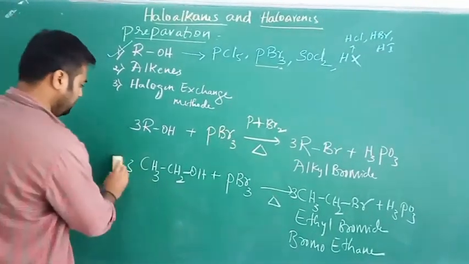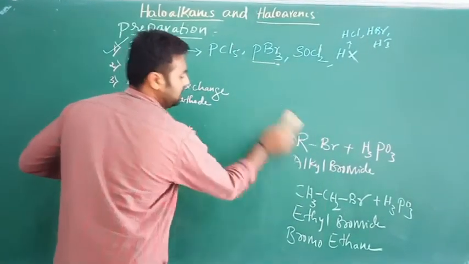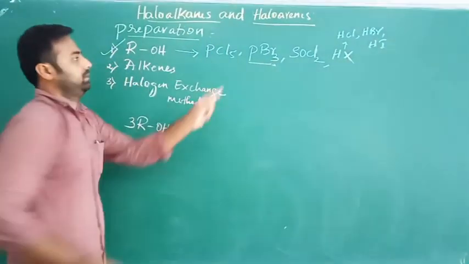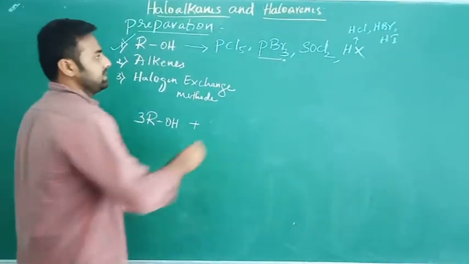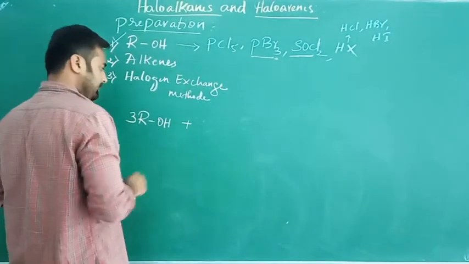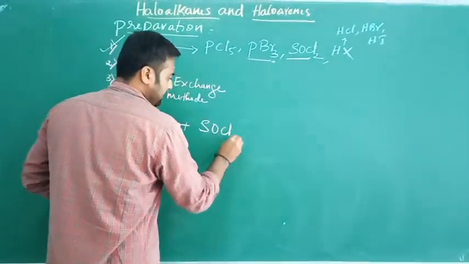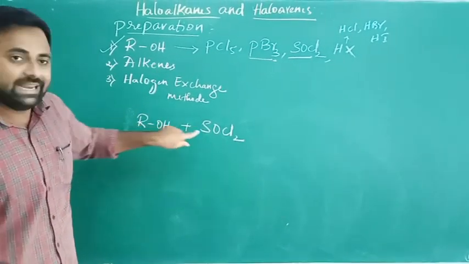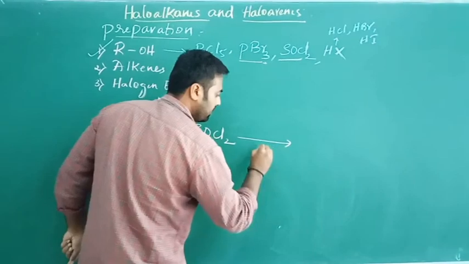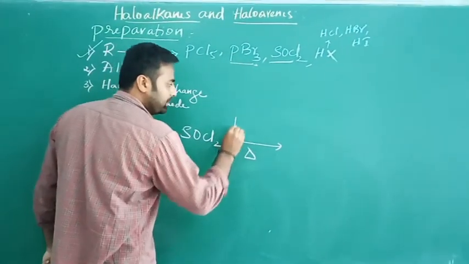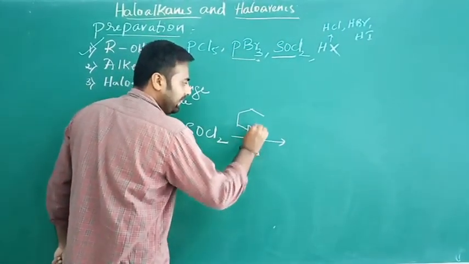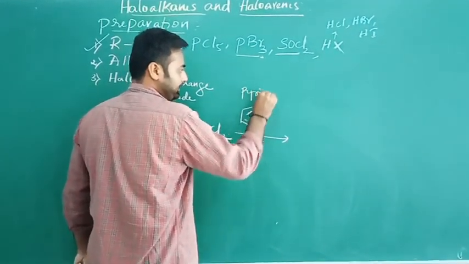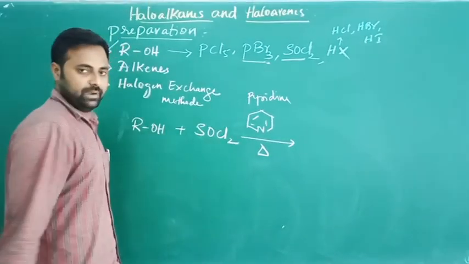The next one, when the same alcohols are treated with the third reagent, that is thionyl chloride, SOCl2. When these alcohols are heated with thionyl chloride, SOCl2, in the presence of pyridine, which acts as a catalyst. This is called pyridine. I'll tell you what the role of pyridine is here.